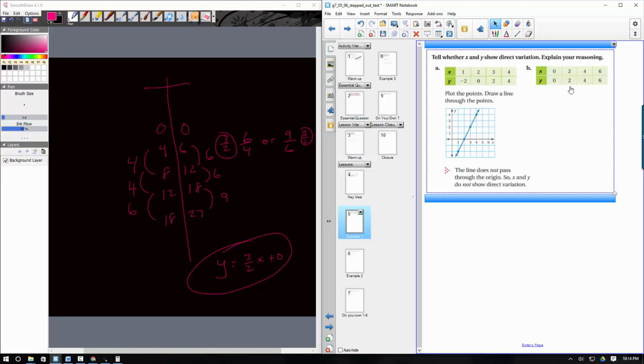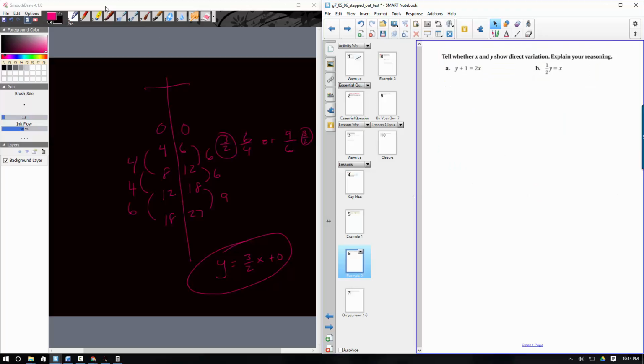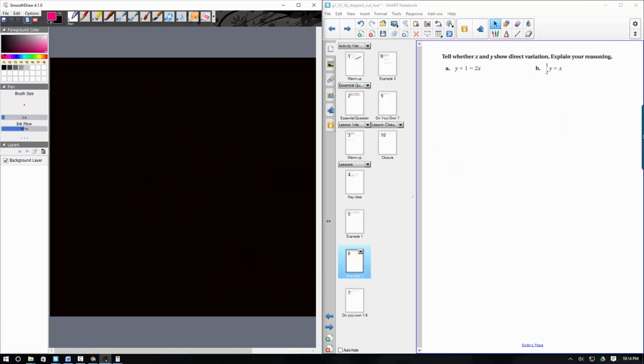This one here goes up by 2, 4, so it's 2 every time. So this is y equals 2 over 2, or y equals 1x plus 0. So it is direct variation. This one here, I have y plus 1 equals 2x, and I want to get the y by itself, right? So I have to subtract 1. I can't combine these together because this is an x term and this is a number, so I have y equals 2x minus 1.